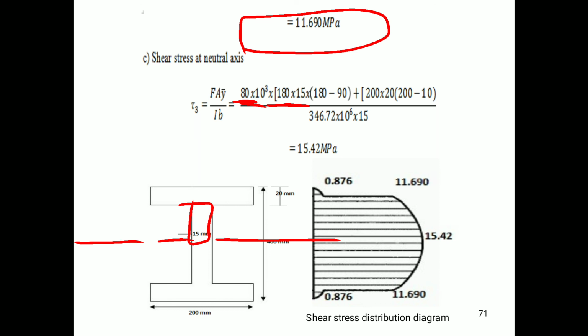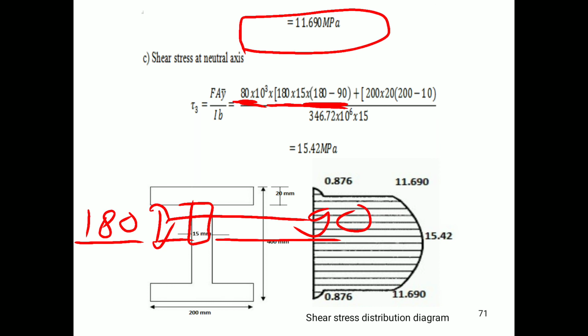And Y bar is nothing but, as this depth is 180, half of it is 90. Therefore the distance between the neutral axis of the entire section and the neutral axis of the section on which we have concentrated is 90.